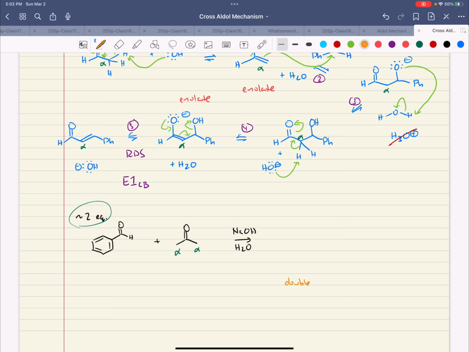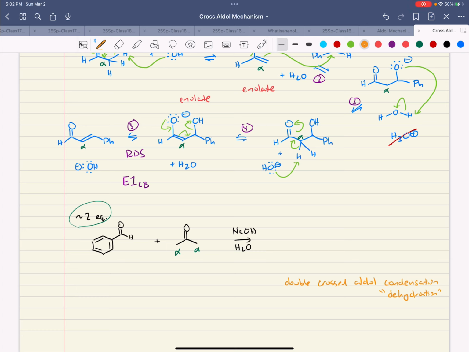Double crossed aldol, and it's going to be condensed, or you're going to run a condensation. Again, condensation in our case right now is the same as dehydration. It's an elimination of water.